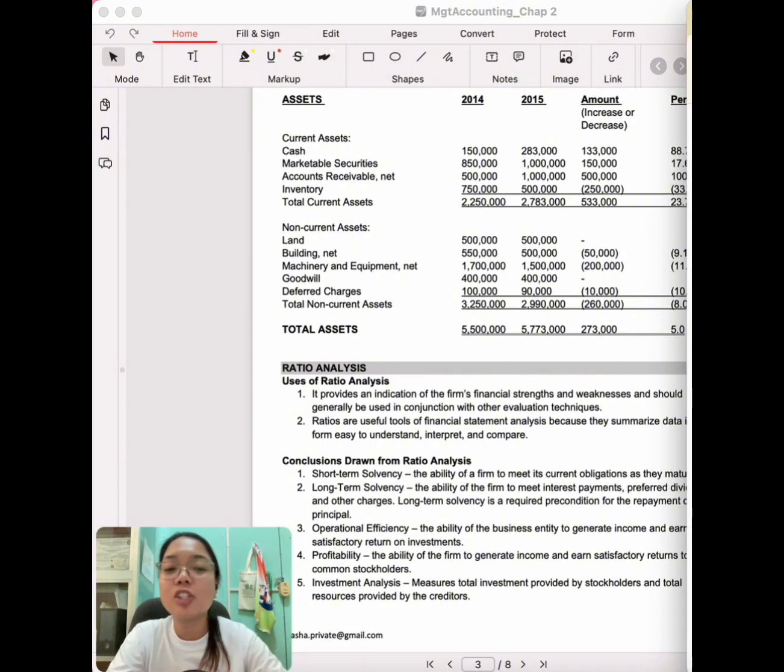So, for the balance sheet, ang base dito is yung total assets or total liabilities and equity, also expressed as 100%. So, if yung total assets are 10 million pesos and yung inventory ay 2 million pesos, then 2 million pesos divided by 10 million pesos equals 20%.